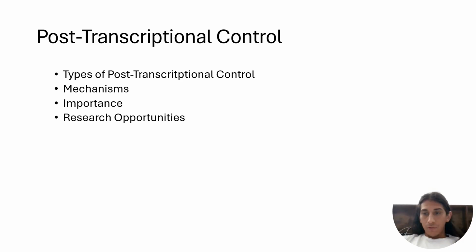It leads to diseases. It plays a crucial role in development and cell differentiation, enabling cells to acquire specific functions. Again, cancer and neurological disorders. Further research is needed. It's under-researched to characterize post-transcriptional regulatory elements, including RNA binding proteins and microRNAs.